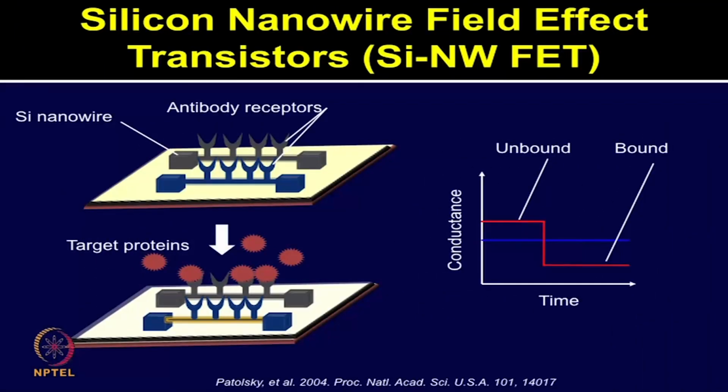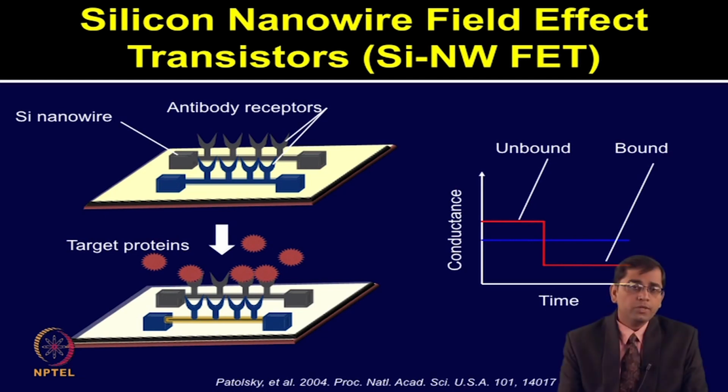Let us now discuss how these silicon nanowire field effect transistors are applied for some of the proteomics based applications. As you can see in this slide, the image on the top shows silicon nanowires coated with antibody receptors. When you want to study some target proteins, and if there is any interaction of target protein with antibodies as shown in the bottom image, these target proteins will bind to antibody receptors, and a silicon nanowire will show the change in conductance.